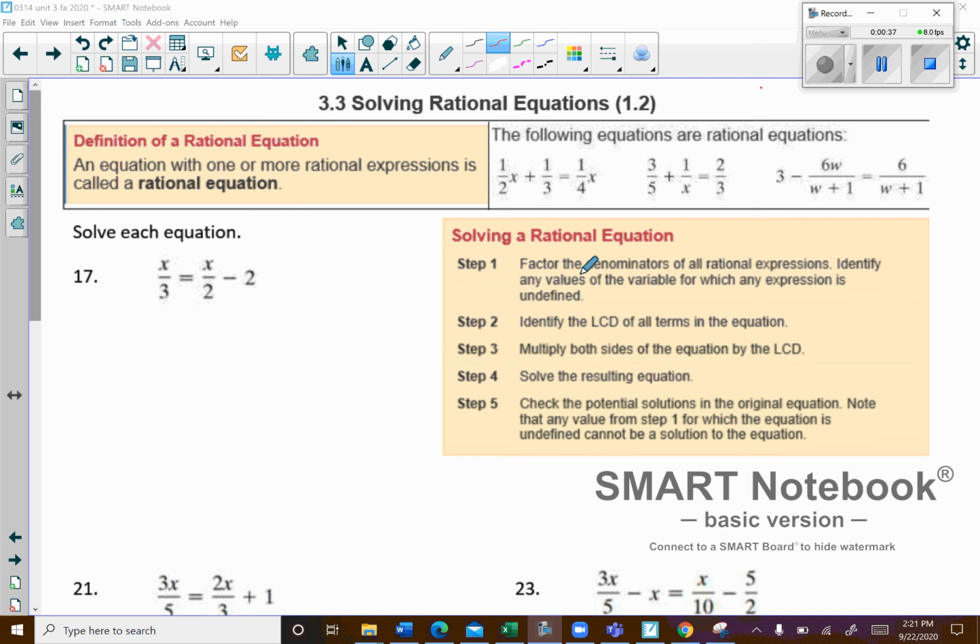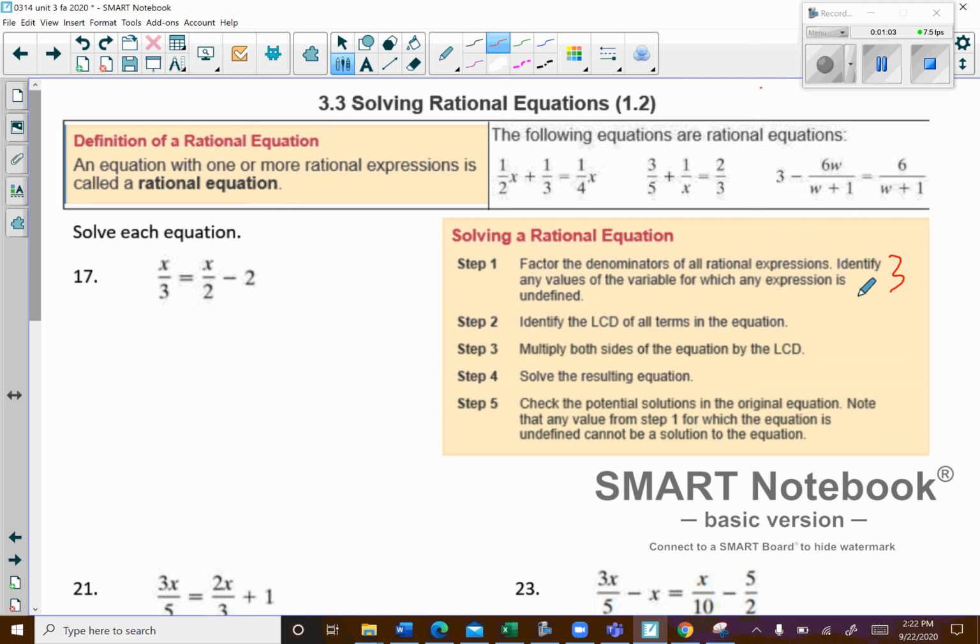So step one is factor the denominators of all the rational expressions. Identify any values of the variable for which any expression is undefined. So remember, we have to find your excluded values. This is where it's going to be important, because sometimes you'll solve it and your answer might be one of the excluded values, so you can't actually include it as your answer.